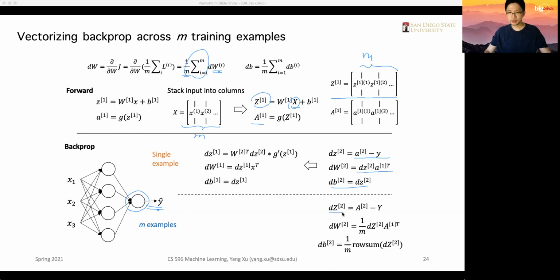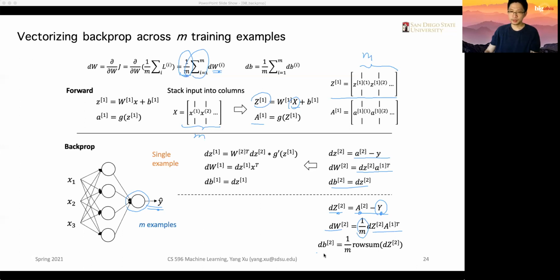So capitalized dz would be a2 minus y. Now y is also a capitalized Y, which means it is a long vector. And A is also a long vector, okay? And that has m elements in each. So dw would be dz times a1 transpose, but now we have 1 over m because we need to normalize the gradients for all the m examples, okay?